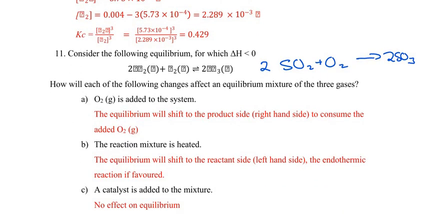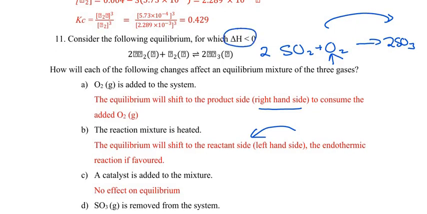So look at number 11, they're saying oxygen added. When you add oxygen, you're increasing the reactant side, so you're going to have a right shift. Then the reaction mixture is heated. The system is trying to get rid of heat, so if you're heating it, you're going to have the reverse reaction. The enthalpy is negative, meaning this is exothermic.